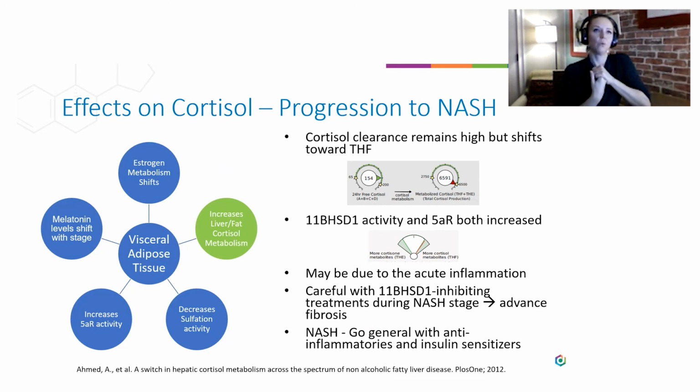So if you were only using an 11-beta-HSD type 1 inhibitor without any anti-inflammatory support, you could advance fibrosis, theoretically. So with NASH, we try to go with more general anti-inflammatories and insulin sensitizers. Luckily, all of our botanical 11-beta-HSD type 1 inhibitors are also very broad spectrum. They tend to be anti-inflammatories as well. So we'll talk about that when we get to them soon.